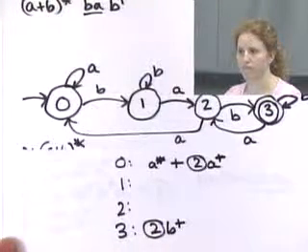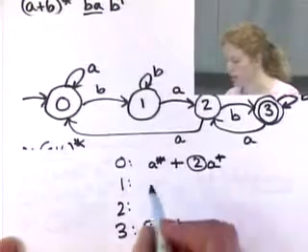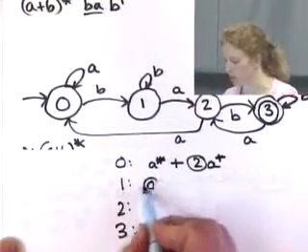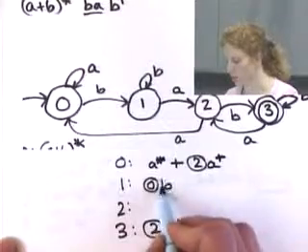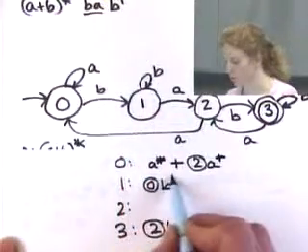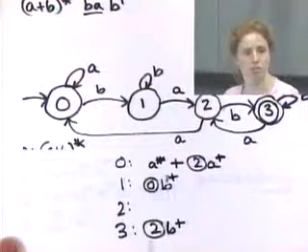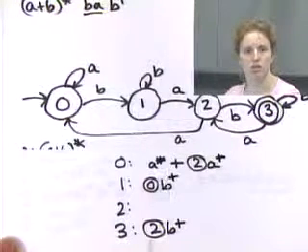Right? Okay, now state 1 is anything that gets me into state 0 plus putting a B after it, and then putting any number of B's after that. So B plus is going to be state 1.